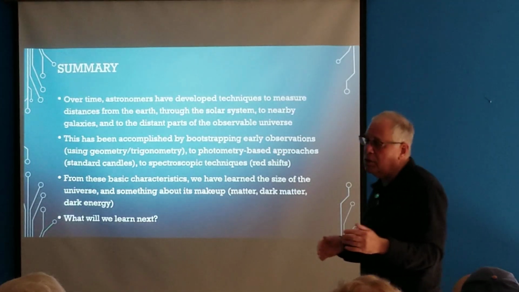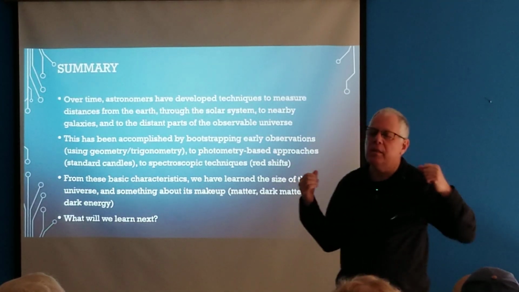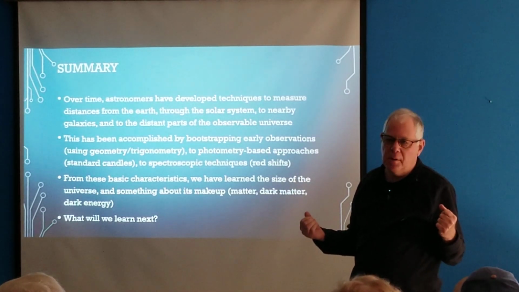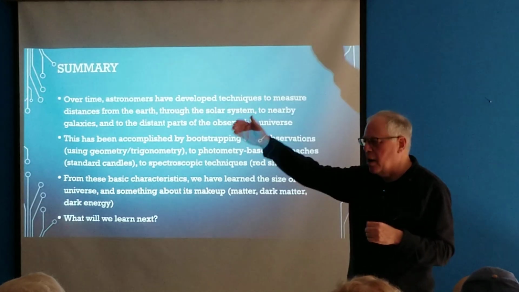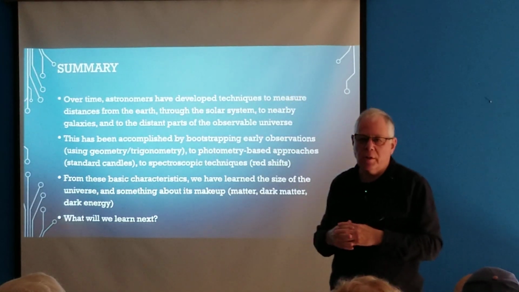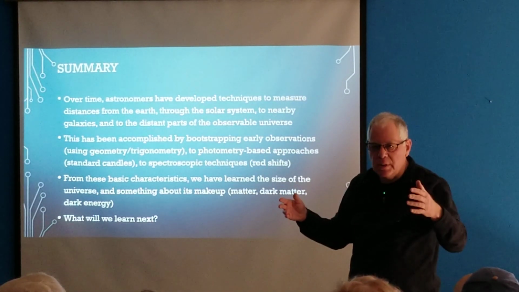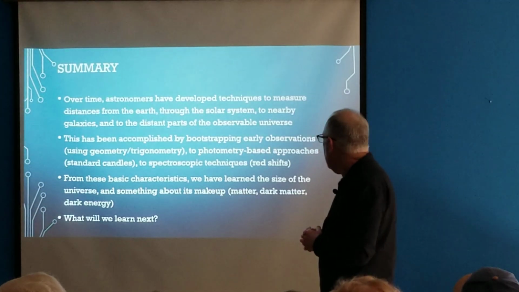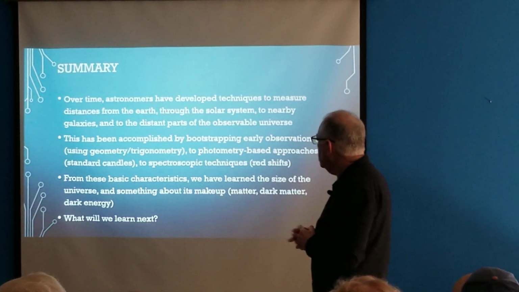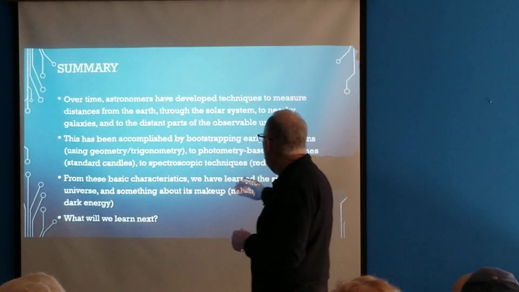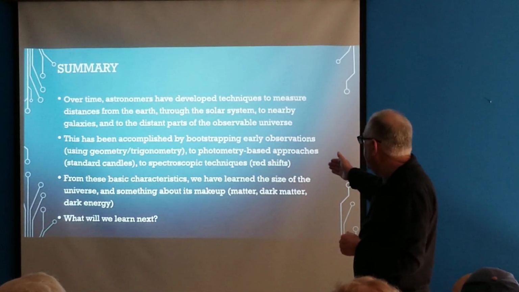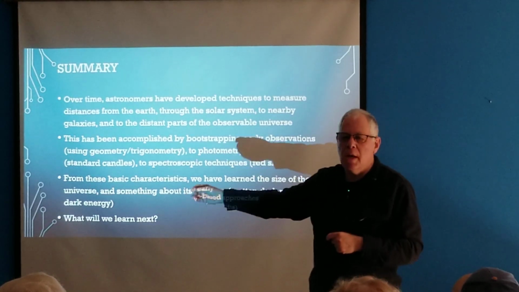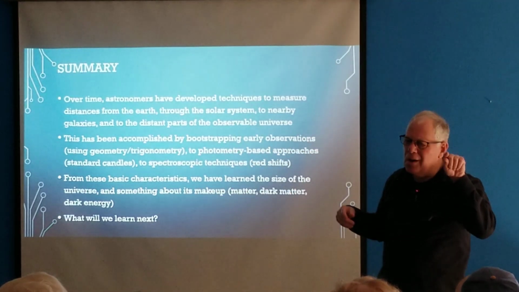The earlier ones are pretty rock solid. They're just geometry. As you start to push out further and further, you start to bring in some of these other uncertainties that I've alluded to. How standard is a standard candle, for example.